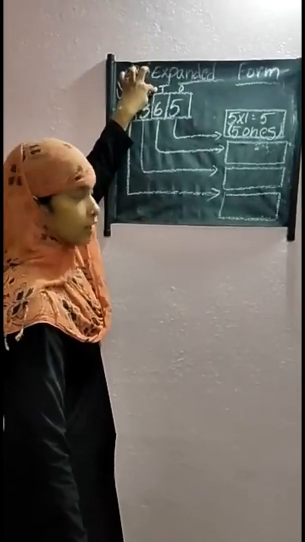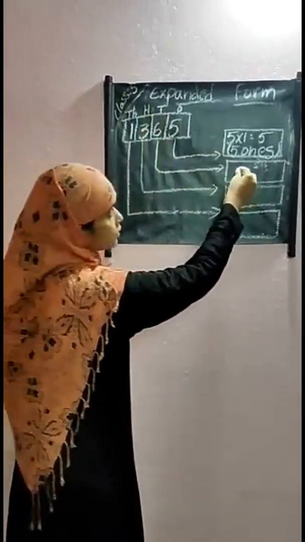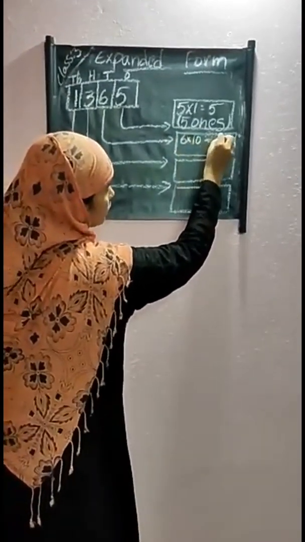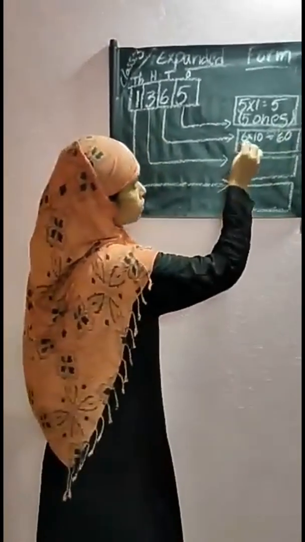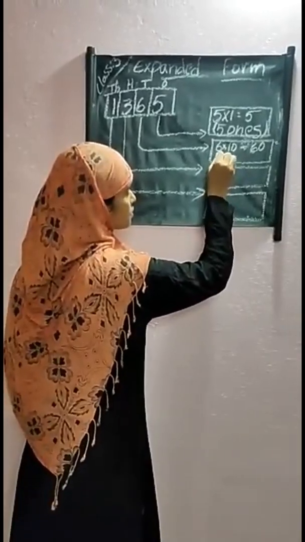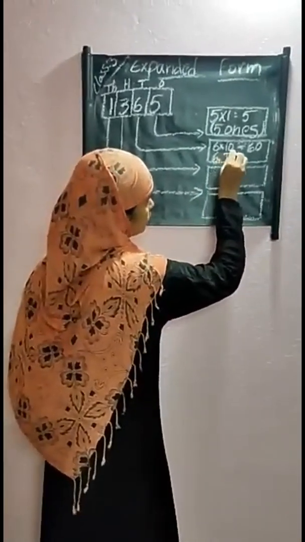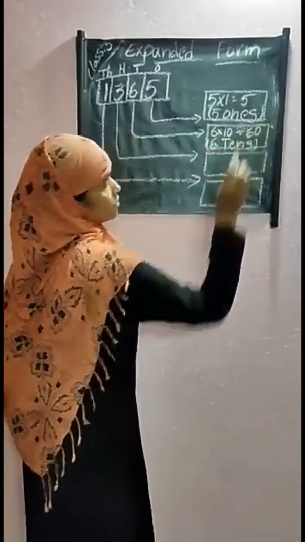So multiply with 10. 6 into 10, that is 60. So we can write it as 6 tens, or we can write it as 60.